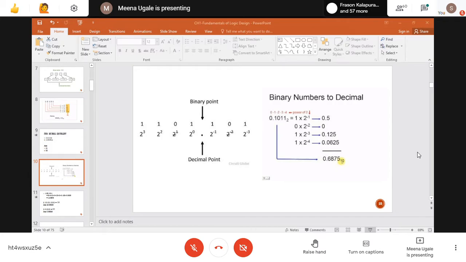Likewise, go for multiplication, and finally you will get the answer. Just note down this one example, 0.1011, so that you will get an idea and can solve the next 1 or 2 examples.